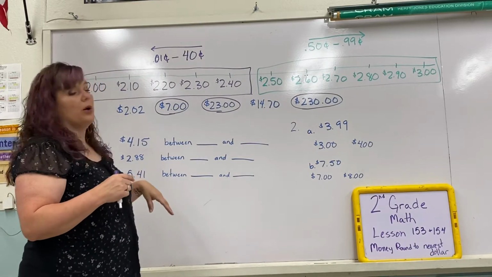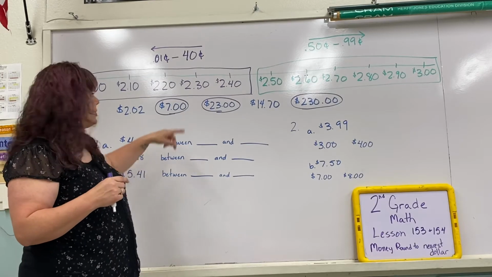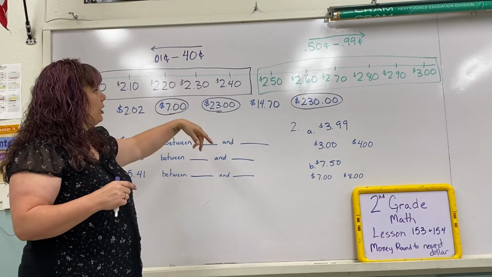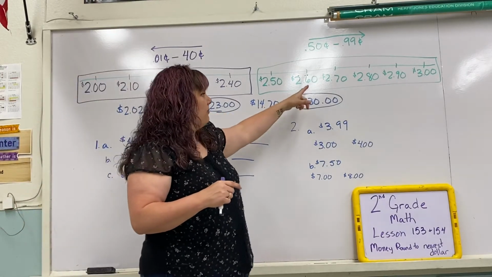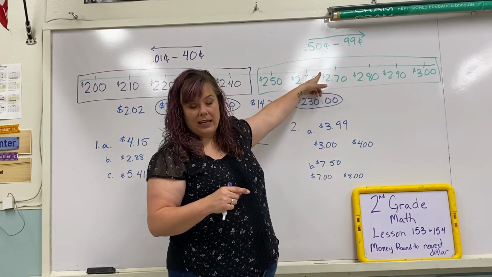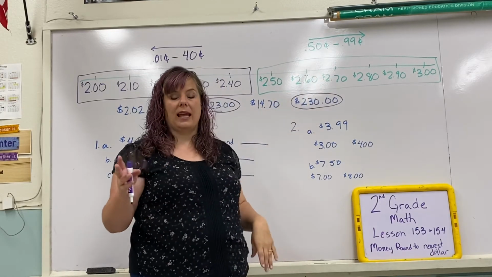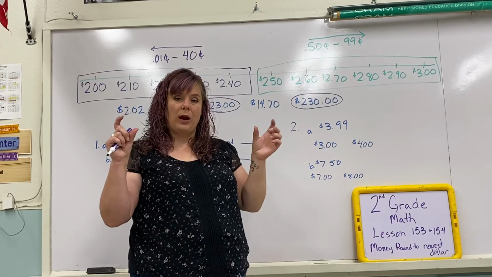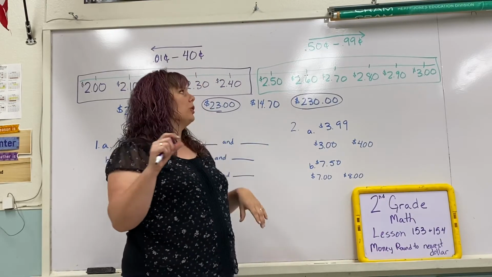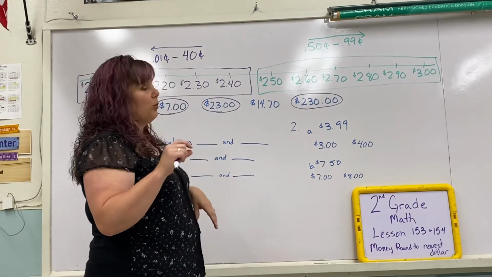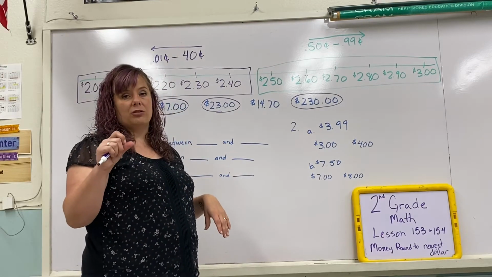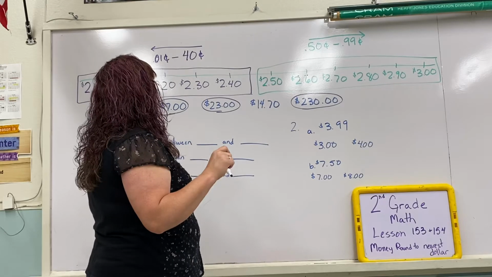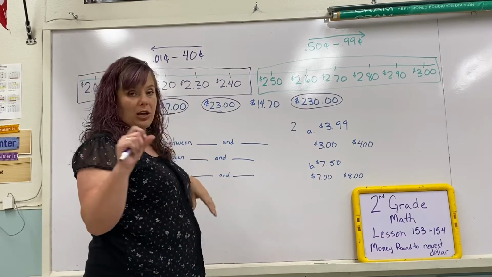So $2.22 would be right here. $2.65 would be right here. They're all between. Every money that has cents comes between 2 whole dollars, 2 rounded off dollars. So we're going to take a look at this. Now, when you're asked to round to the nearest dollar, you need to look. Here's how you decide.